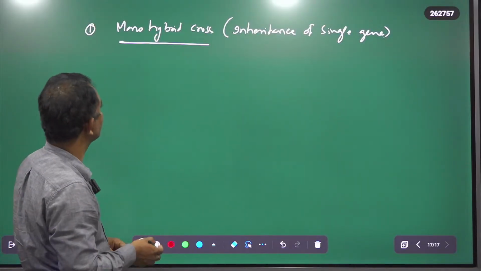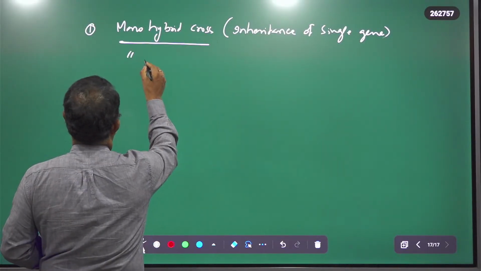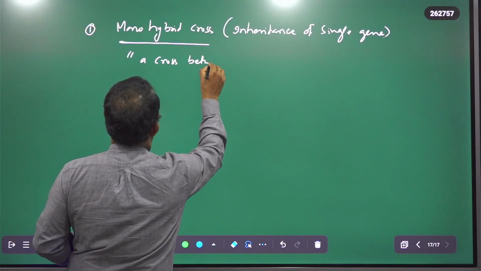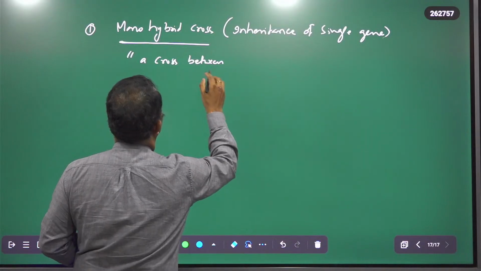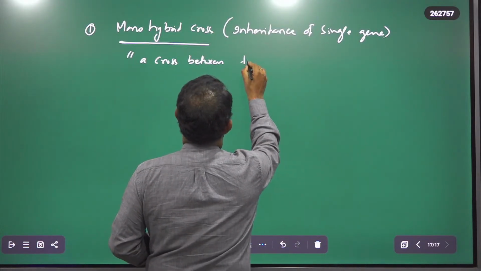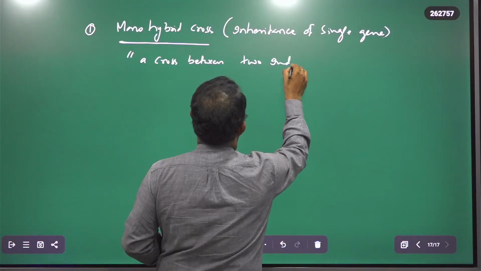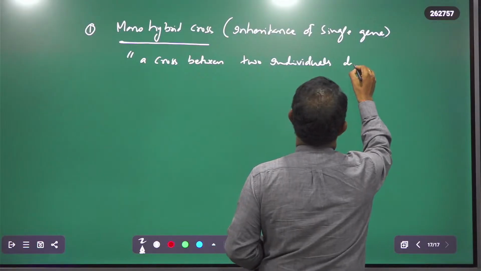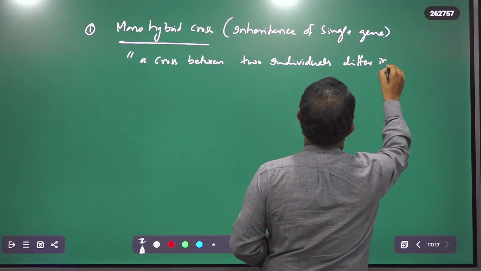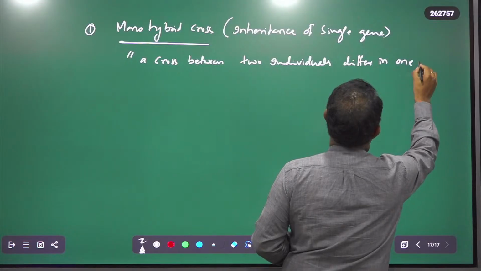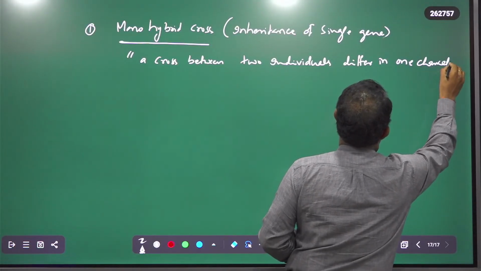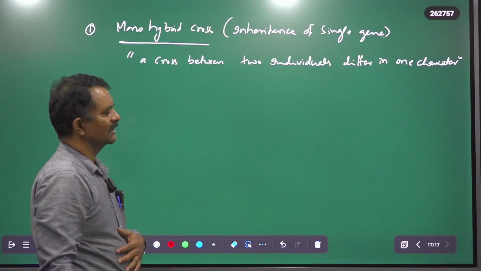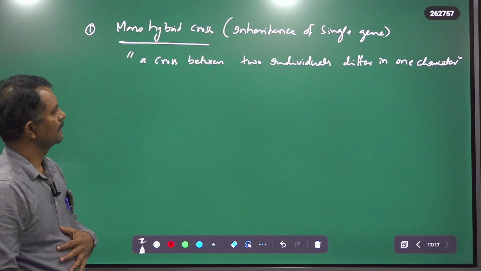So, what is a monohybrid cross? A cross between two individuals that differ in one character is called a monohybrid cross.